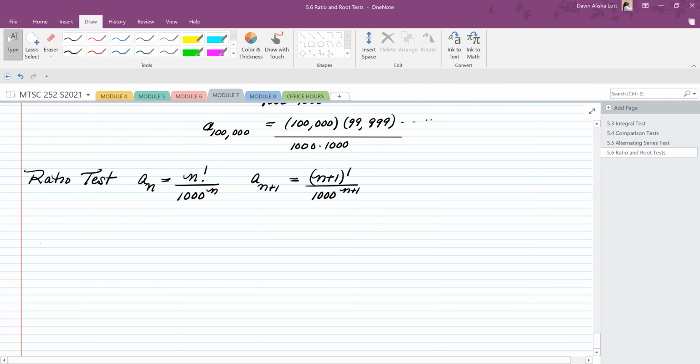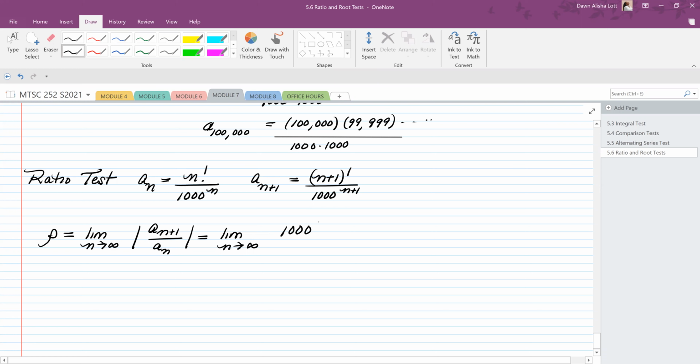So rho is equal to the limit as n approaches infinity of the absolute value of a_(n+1) over a_n. These are all positive, so I can drop the absolute value.